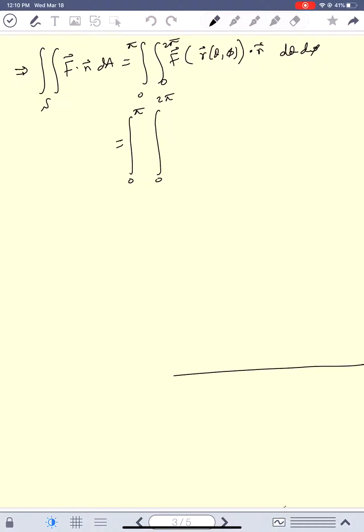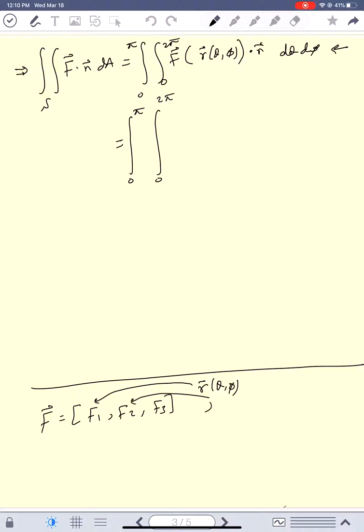If you look at f, f has three coordinates, f1, f2, f3. So when you say I want to substitute the parameterization into my function, that means you will substitute the parameterization, r of theta, phi, in f1, in f2, and in f3. So you will have the first coordinate as f1 of the parameterization, f2 of the parameterization, f3 of the parameterization, right?